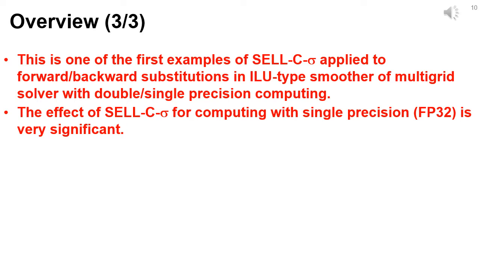This is one of the first examples of Sell-C-sigma applied to forward-backward substitutions in ILU-type smoother of multigrid solver, with double-single precision computing. The effect of Sell-C-sigma for computing with single precision, FP32, is very significant.